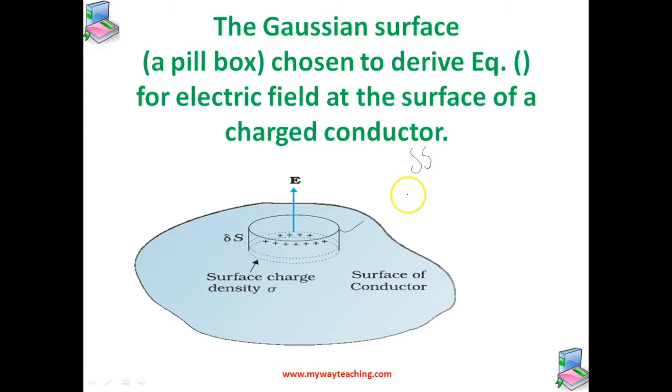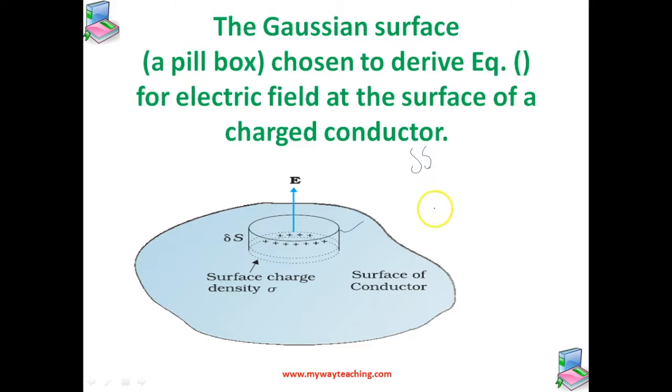Just outside, the field is normal to the surface with magnitude E. Thus, the contribution to the total flux through the pillbox comes only from the outside cross section of the pillbox, because inside it is 0.